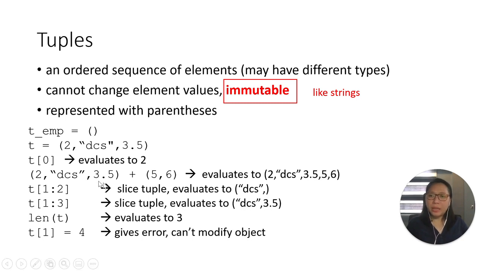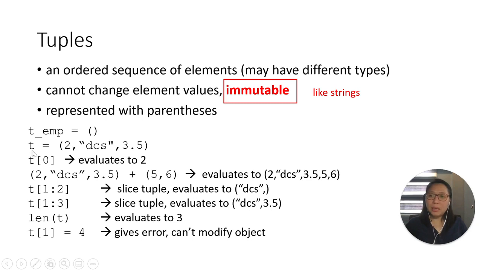The first line here is an empty tuple. We bind this empty tuple to the name t underscore empt. We can assign a tuple value to a variable, let's say in this example t, by following this format.